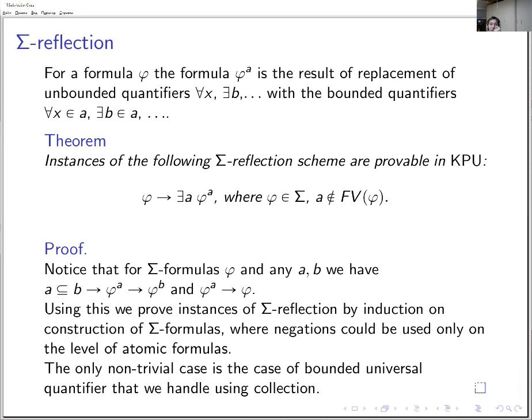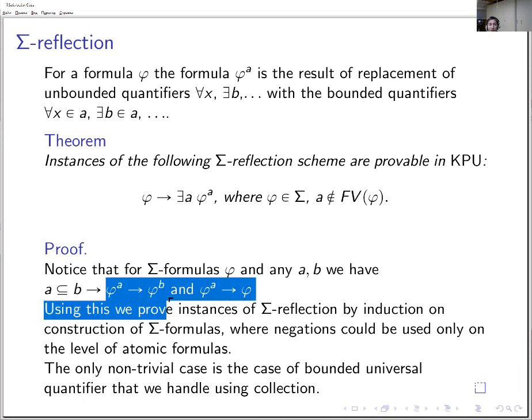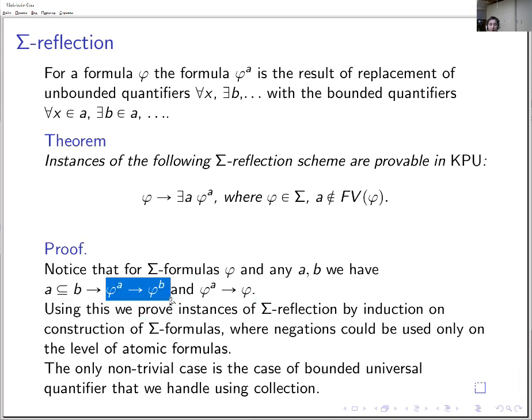The key property that we're using is that sigma formulas are upward persistent. So if A is a subset of B, then phi restricted to A implies phi restricted to B. So if a sigma formula holds on a smaller domain, then it holds on a larger domain. And of course, if a sigma formula holds on some restricted domain, then it holds on the unrestricted domain.